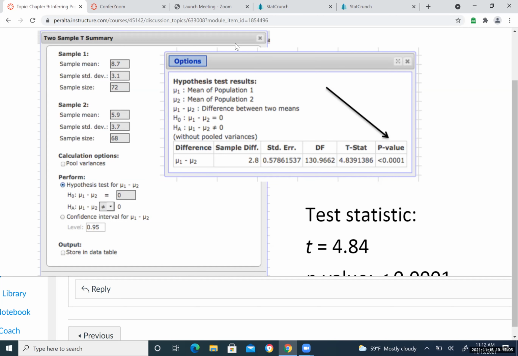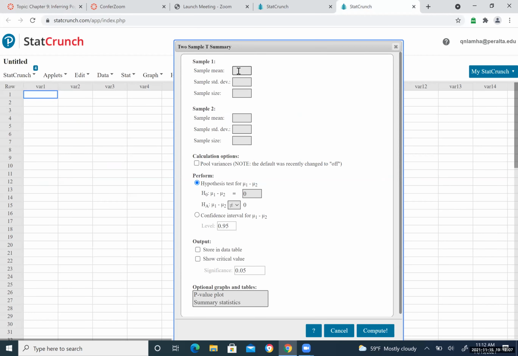I go to StatCrunch. I enter in 8.7. This is the example for unit students taking classes on day and night. And 3.1, which is the sample standard deviation. Sample size is 72. Okay, now sample 2.